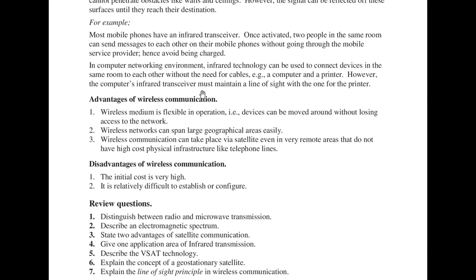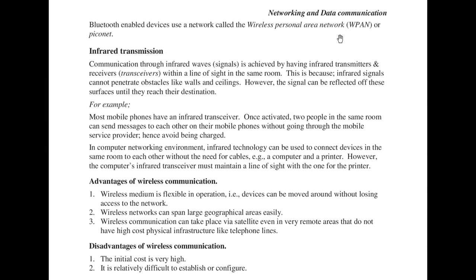Then from there we can look at infrared. Have you ever seen how your remote control works in your home when you're changing channels? Communication through infrared waves or signals is achieved by having infrared transmitters and receivers or transceivers within a line of sight.